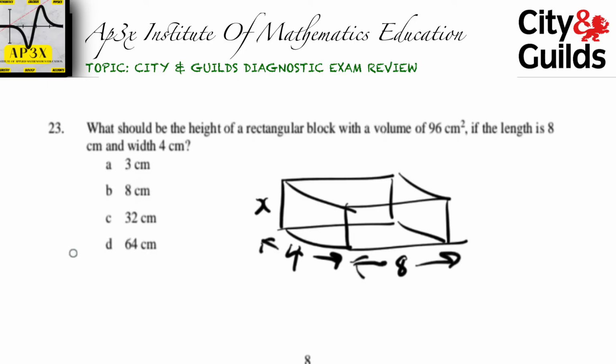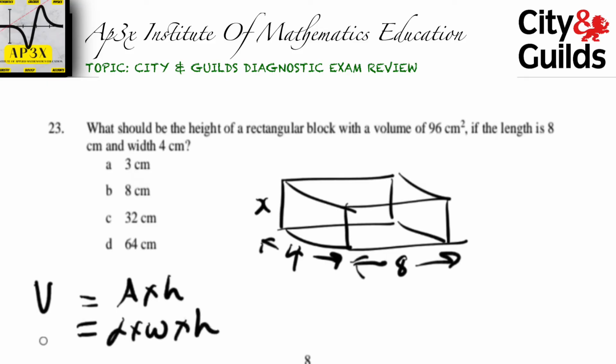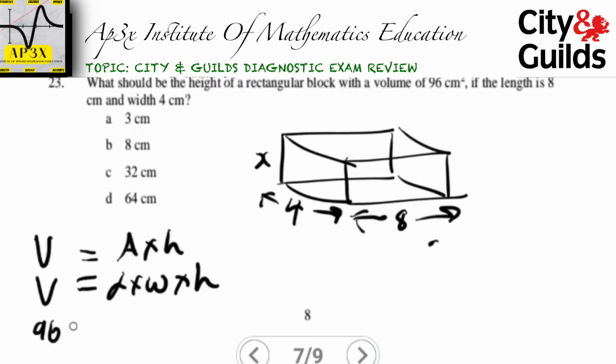So therefore then we're looking at volume is equal to the area times height. So the volume of a cuboid is length times width times height, breaking down the formula. So we know that the volume is 96, the length is 8 and the width is 4 and the height is still unknown.